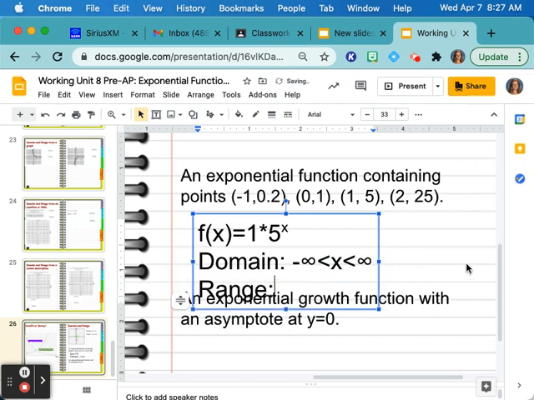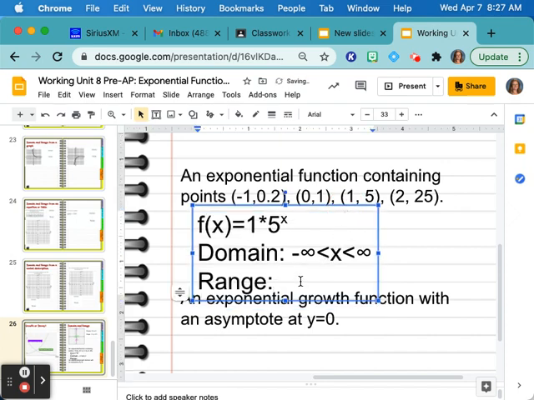And then our range, it'll be y has to be greater than 0.